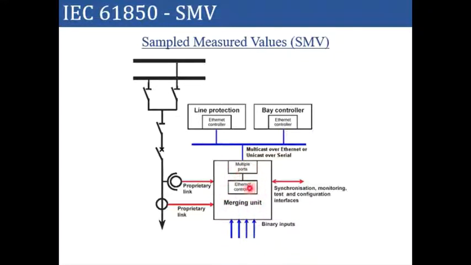So the merging unit will convert this into a particular protocol called SMV so that this information can be understood by all the IEDs, that is intelligent electronic devices, which are connected in the substation. So SMV is very important because it is the main data acquisition object where the measurement information is stored.